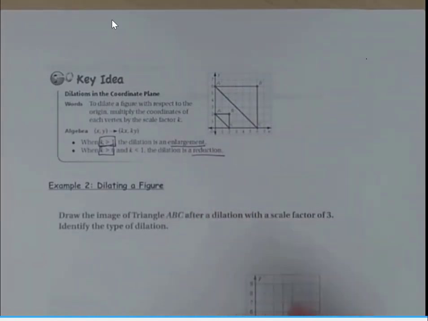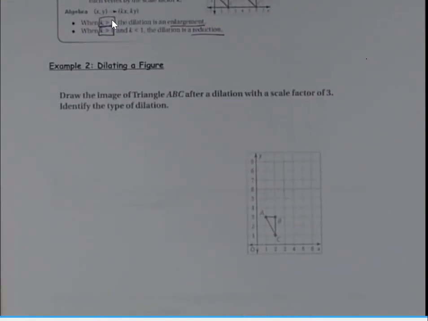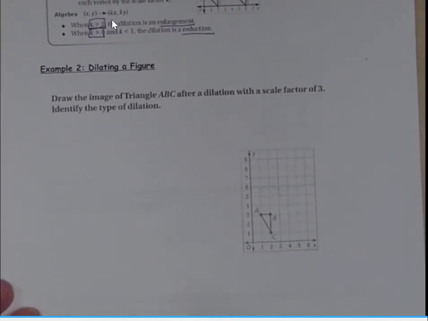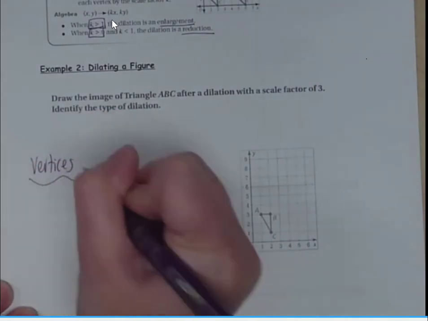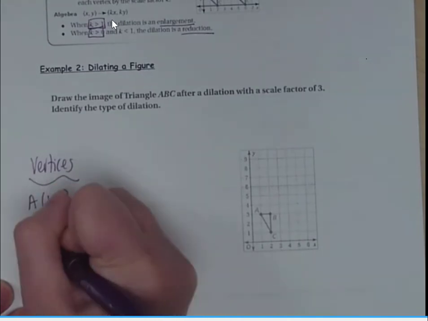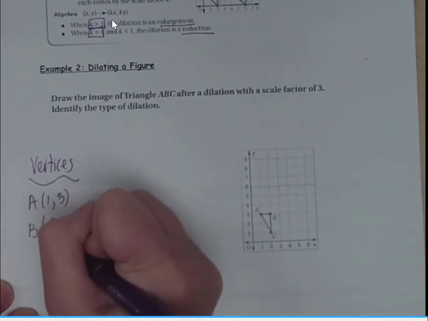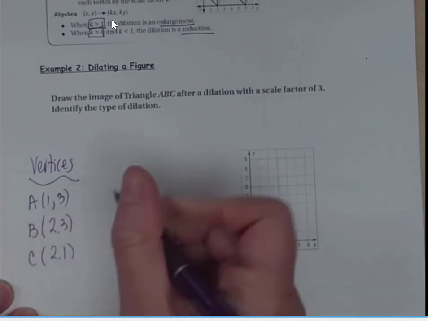So what I'd like for you to do in example 3: draw a triangle ABC with a scale factor of 3 and identify the type of translation. So we're going to do just what we did in the warm-ups. I've got A at 1, 3, B at 2, 3, and C at 2, 1.